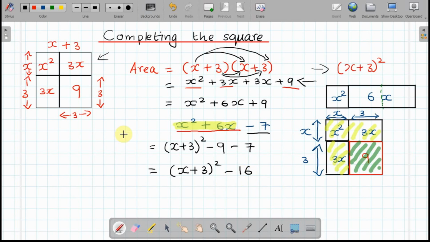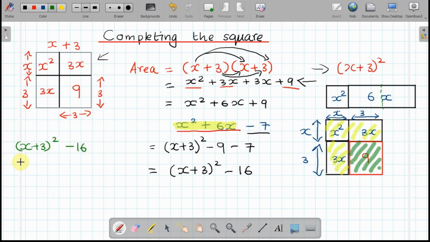What does this mean? Well, if I was to subtract 16 from the area of this square, x plus 3 whole squared, I should get this expression. Let's test that on the side. So x plus 3 whole squared minus 16.